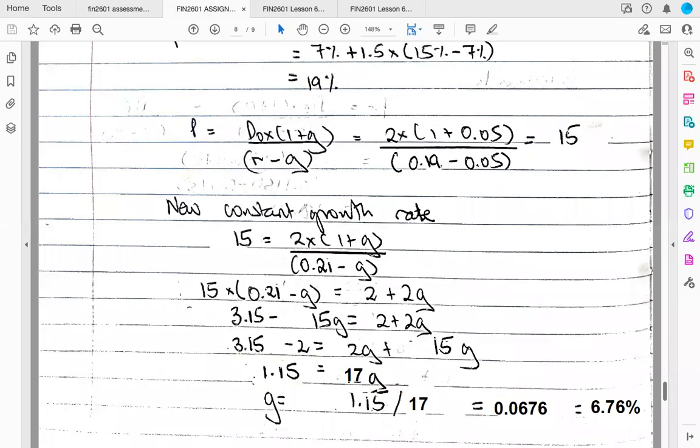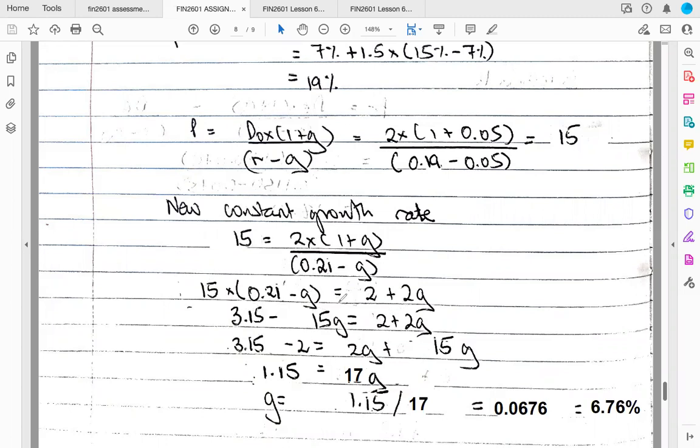So you can do your cross multiplication to solve here. 15 times (0.21 minus g): remove the brackets, 15 times 0.21 is 3.15, 15 times g is 15g. On the other side, 2 times (1 plus g): 2 times 1, 2 times g.